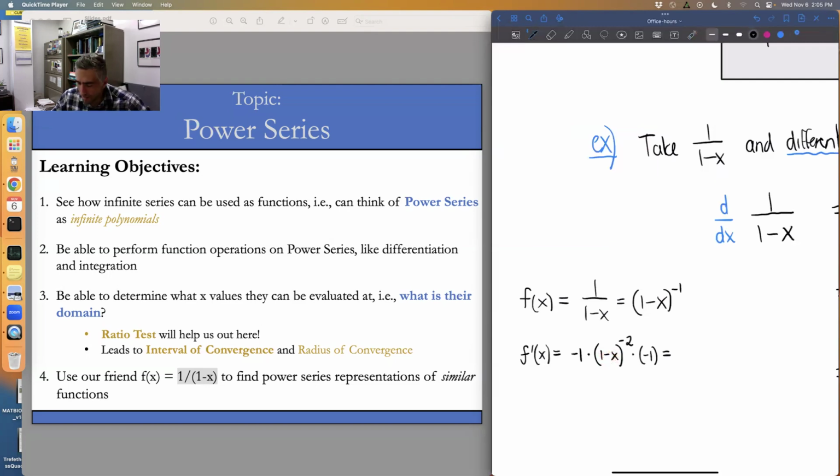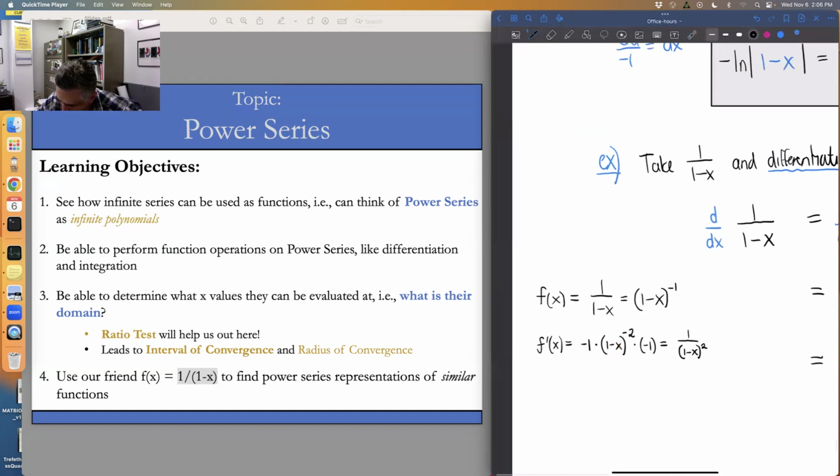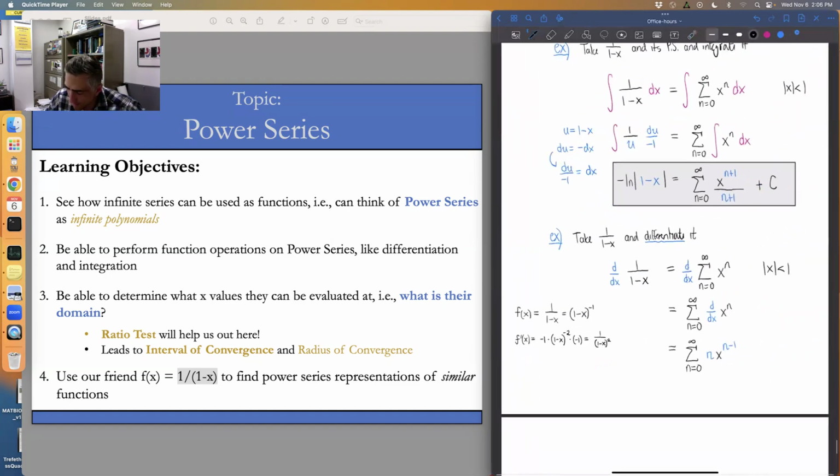So we get a positive 1. And then we have the 1 minus x to the negative 2. So this becomes a positive 1 over the quantity 1 minus x squared. So this derivative on the left-hand side is 1 over the quantity 1 minus x, that whole thing squared.